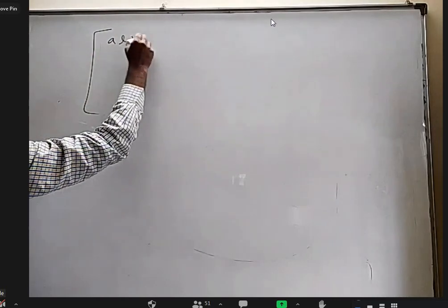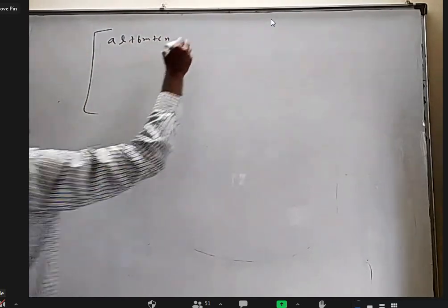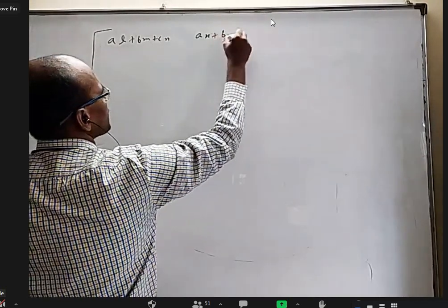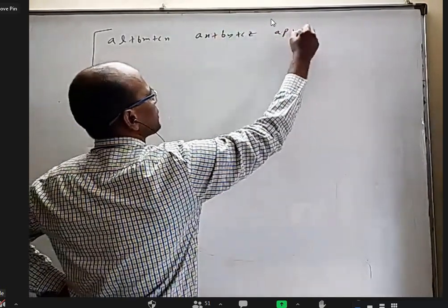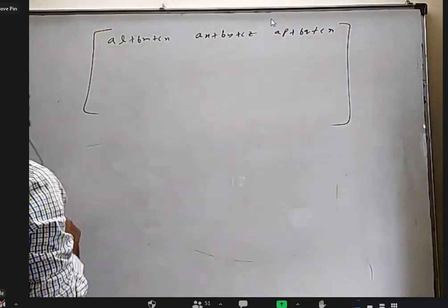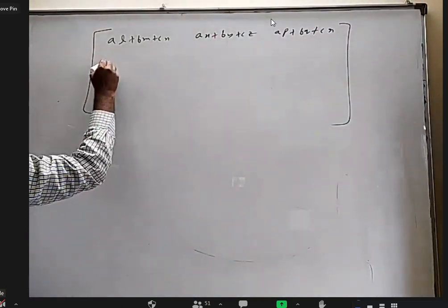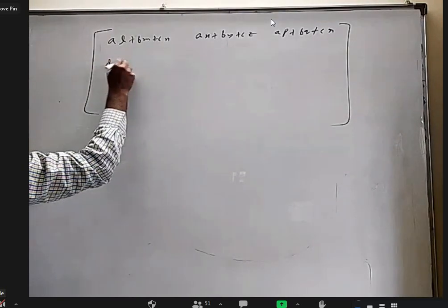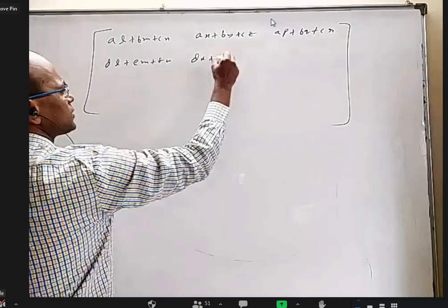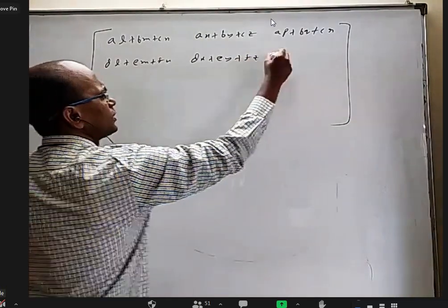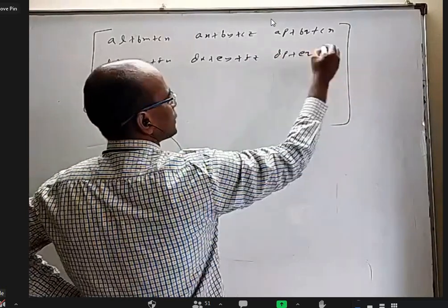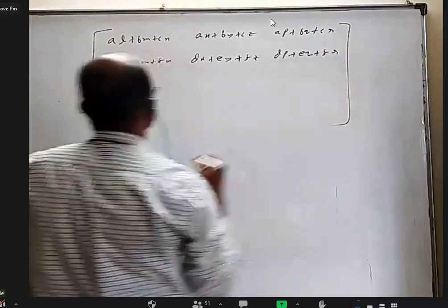AL plus BM plus CN, AX plus BY plus CZ, AP plus BQ plus CR. DL plus EM plus FN, DX plus EY plus FZ, DP plus EQ plus FR.